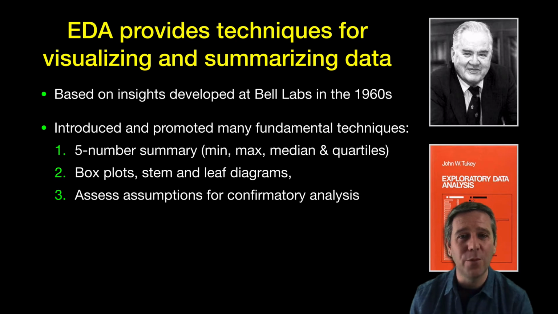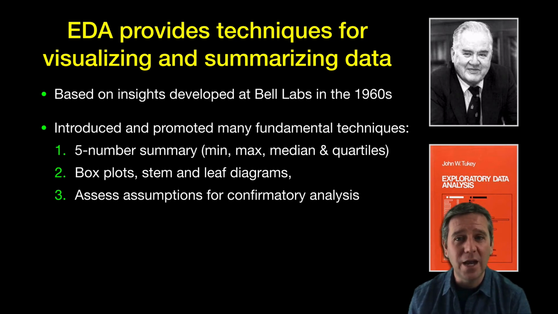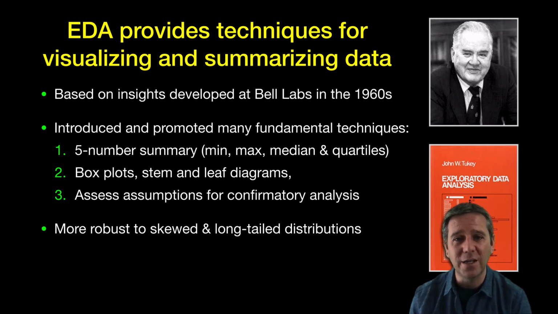He introduced and promoted many fundamental EDA techniques summarized in this book behind me, including things like 5-number summaries. That's the min, the max, the median, and the quartiles that can summarize the data distributions, box plots and stem and leaf diagrams that we'll see more about in a moment, and a number of other techniques.